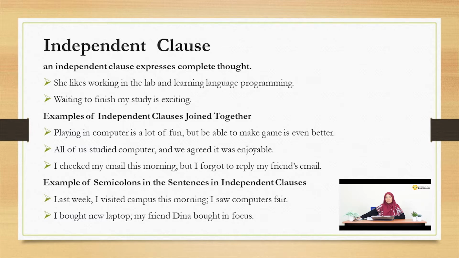I bought a new laptop, and my friend Dina bought an InFocus. Okay. So you can also use a semicolon for independent clauses.